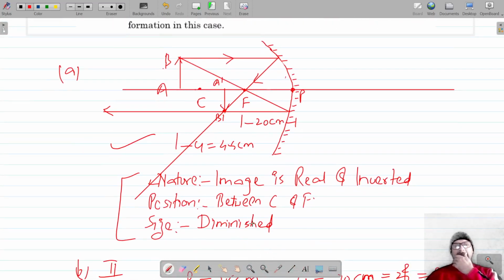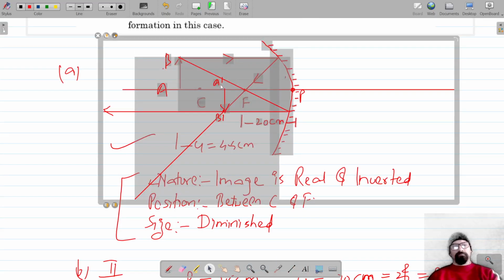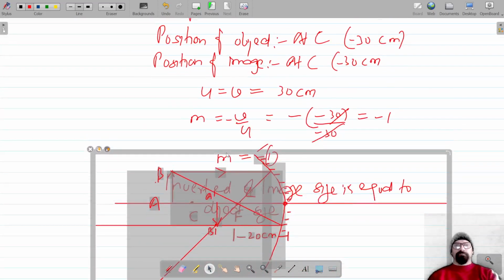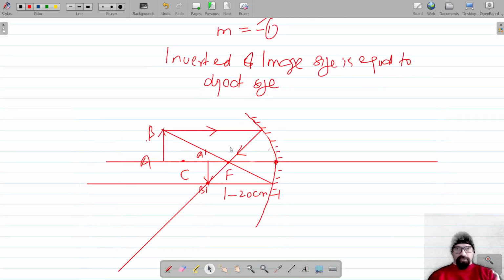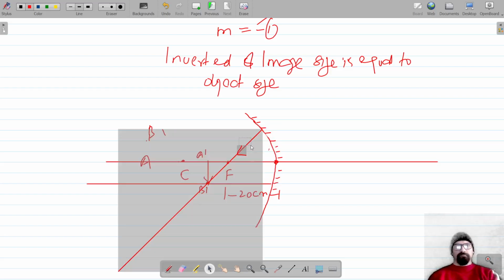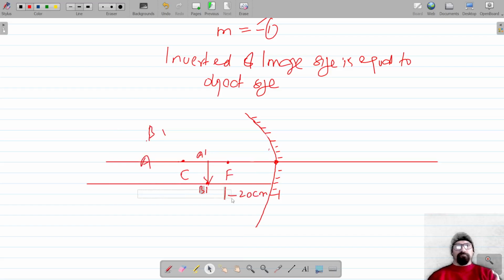So let's copy this. I'm going to place the object at center of curvature. Let me place the object at center of curvature.